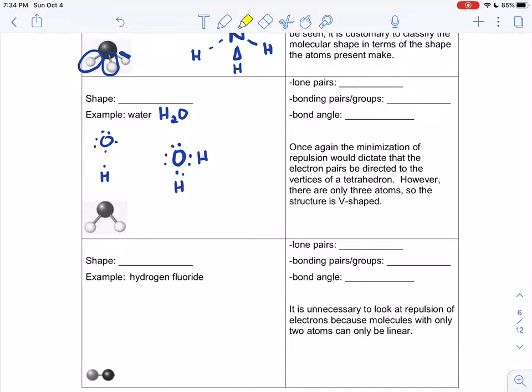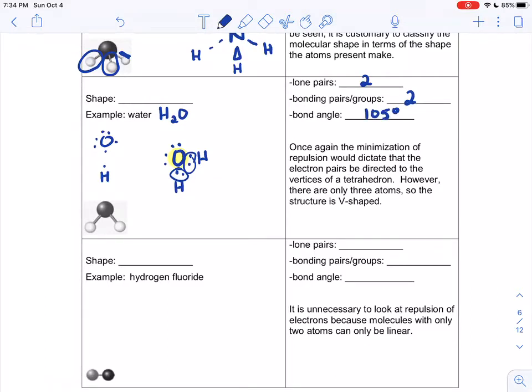So if I look at my central atom, which is my oxygen, and I count the number of lone pairs, I can see that I've got 2 lone pairs. And I can see that I have 2 bonding groups. Now, the bond angle is the same as the one before, 105 degrees.